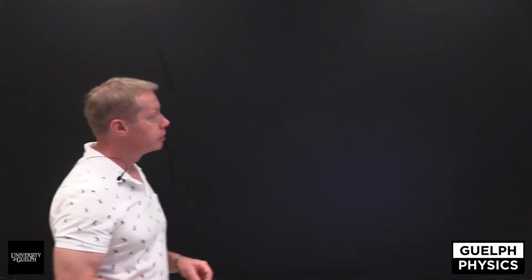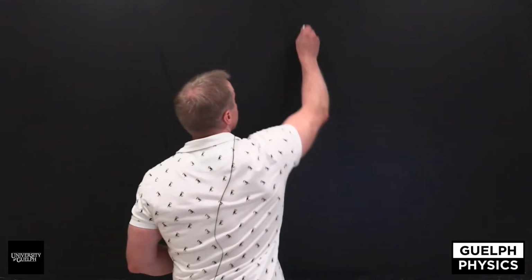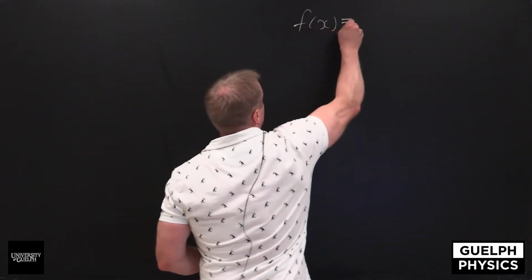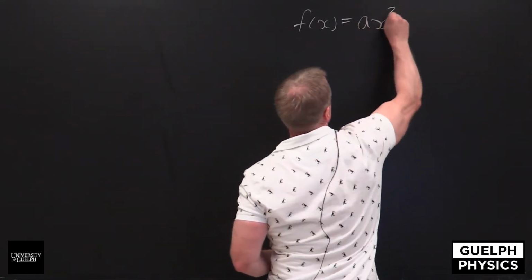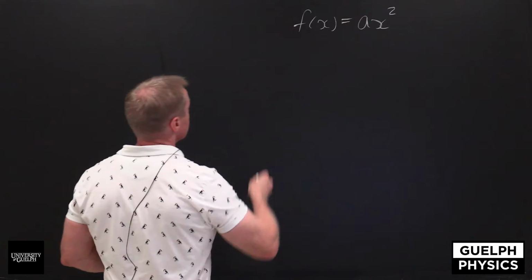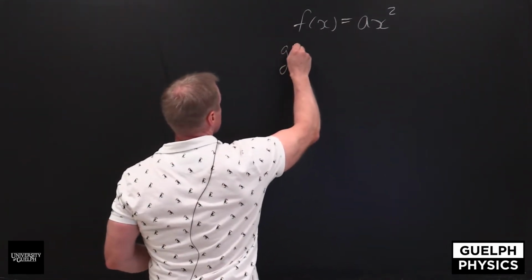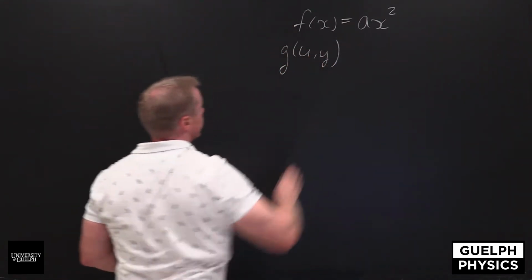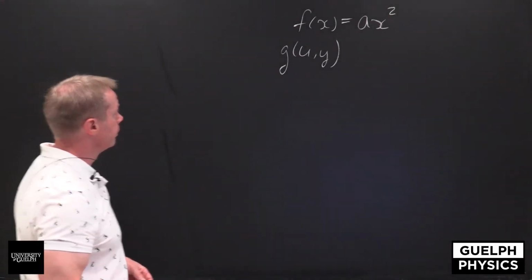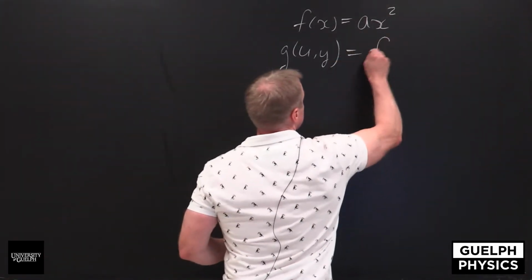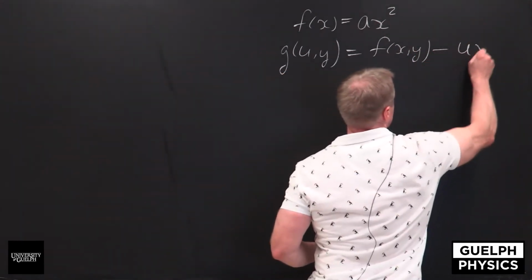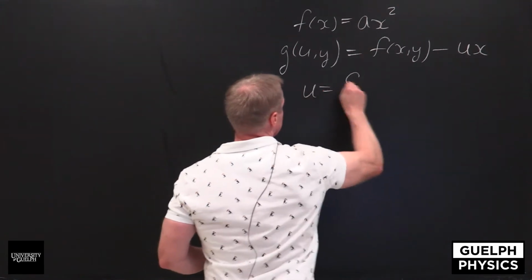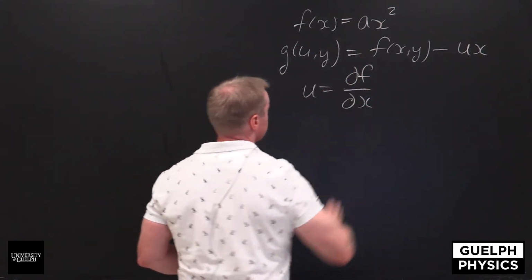So we're going to do a couple of examples just to demonstrate the use of the Legendre transformation. And the first example, I'm going to take f of x to be ax squared. So just to recall, we're making this function g of u of x and y to be f of x and y minus u times x, and u is defined as the partial of f with respect to x.